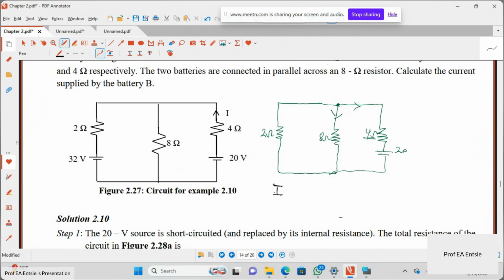Since I short circuited the 32 volts, the current flowing through the circuit will be the current produced by the 20 volts. You see how simple it is.